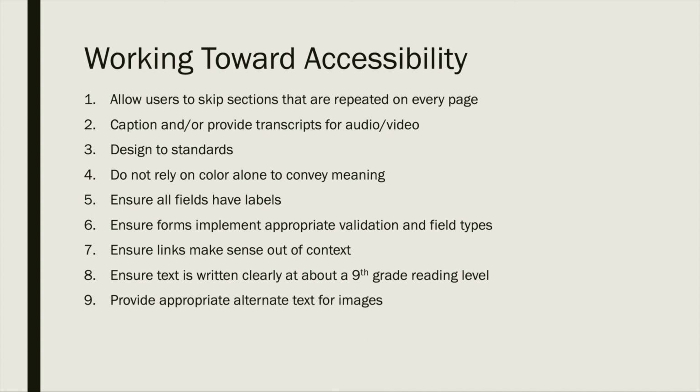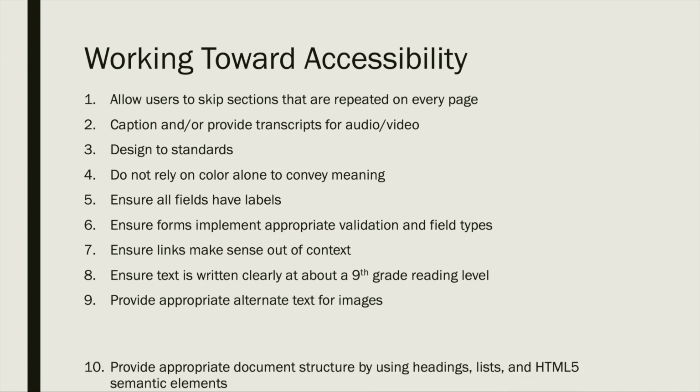Provide appropriate alternative text for images. Again, if someone's using a text-based browser and cannot load the image, or the image cannot be found, then you want to make sure that the image has the appropriate alternative text so that it can be loaded in place of the image.